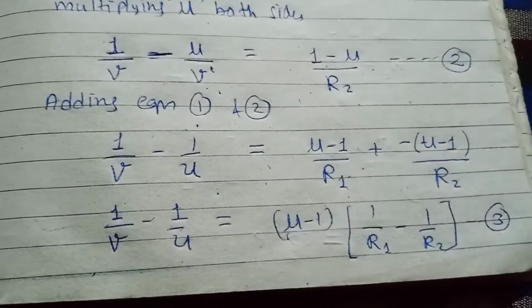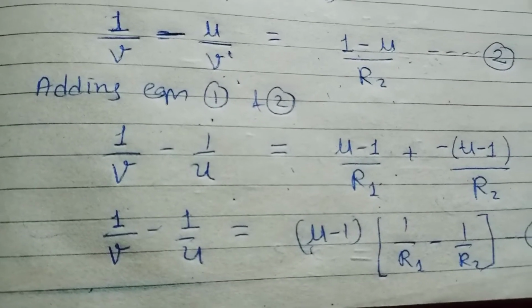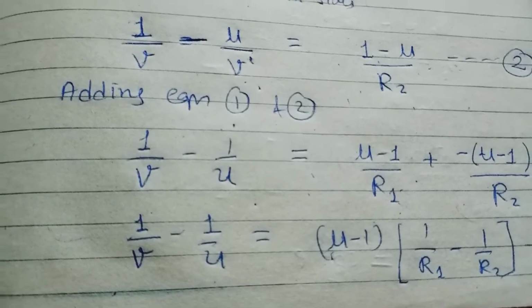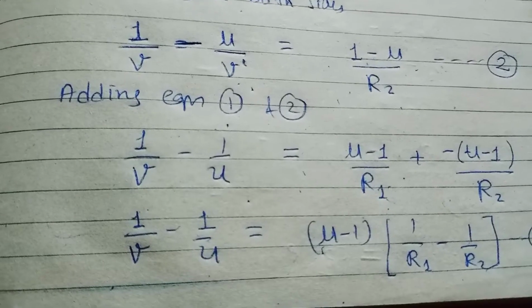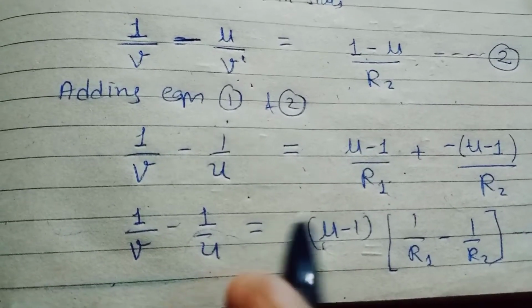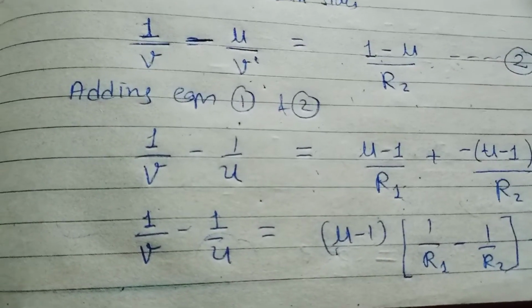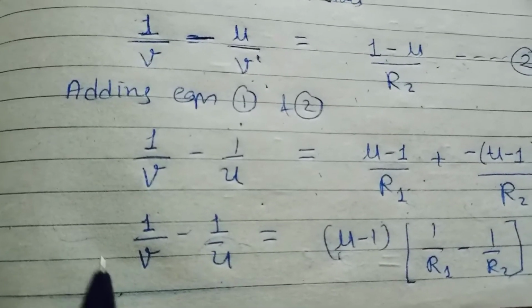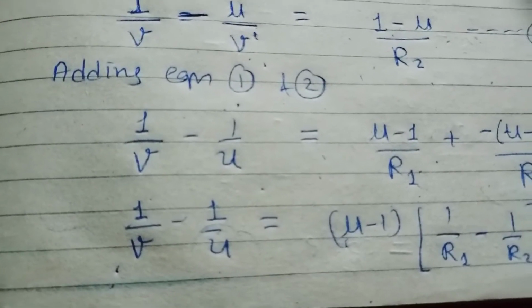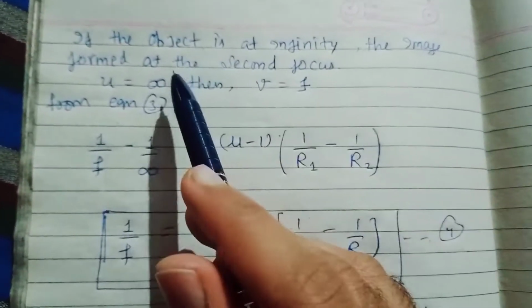This is equation third. Now if the distance of the object from the pole is infinite, then the image will be formed at the second focus.